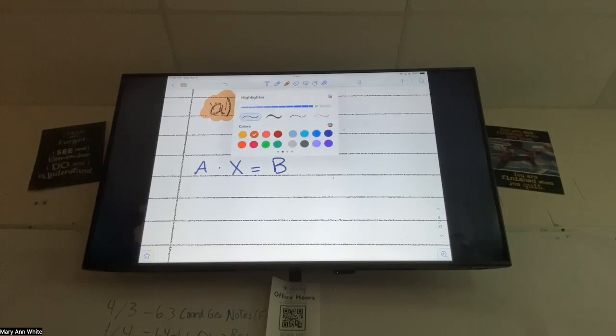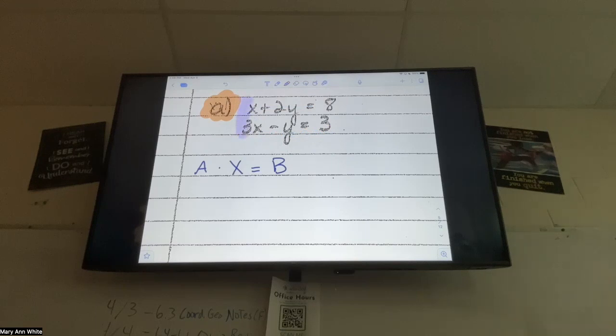My A matrix is made up of the coefficients in front of my X and Y on the left side. So my coefficients are 1, 2, 3, -1.